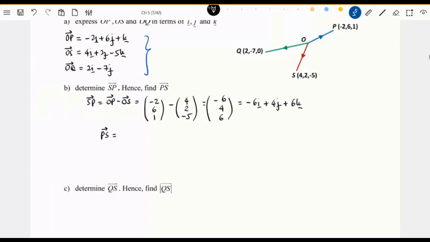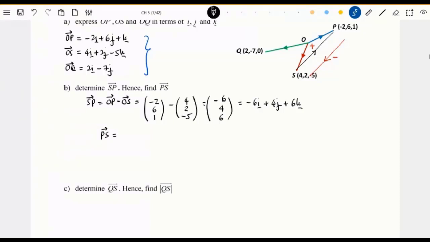Now for PS, so kalau ini adalah SP, we put SP here. Sekarang soalan minta the other way round. Okay, so magnitude will be the same but the direction is different. So yang ini boleh jadi positif, ini akan jadi negatif.